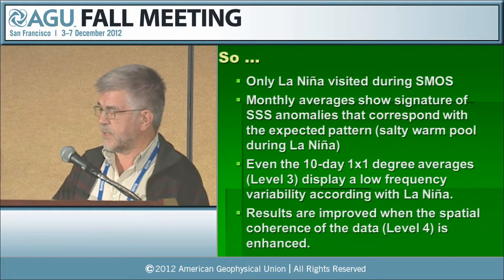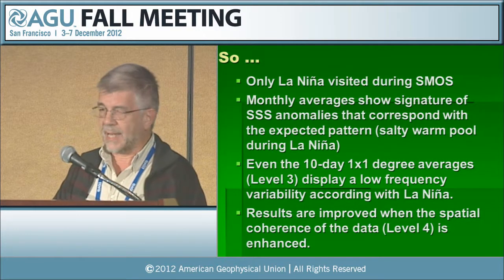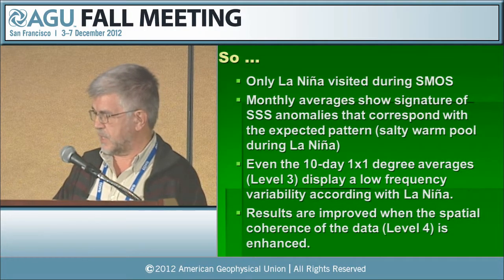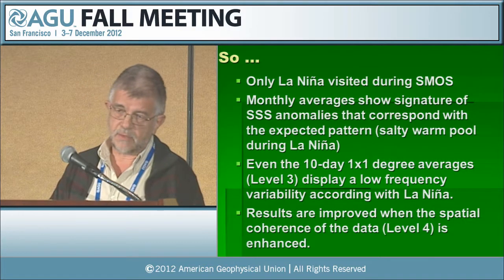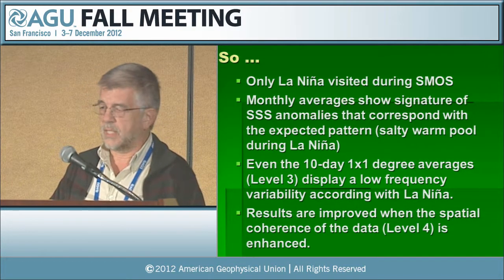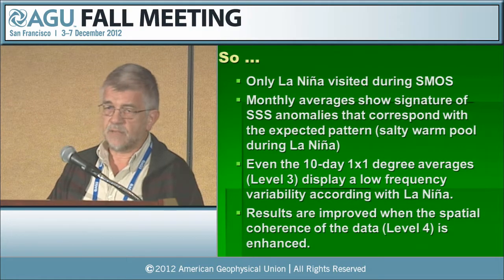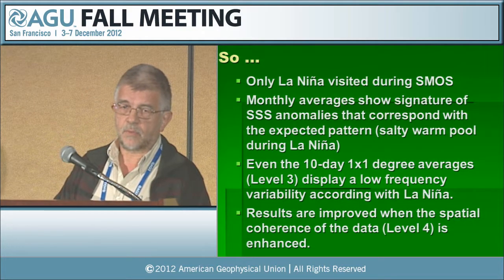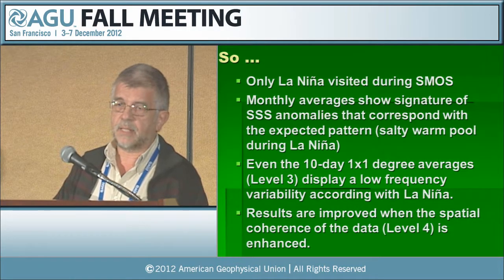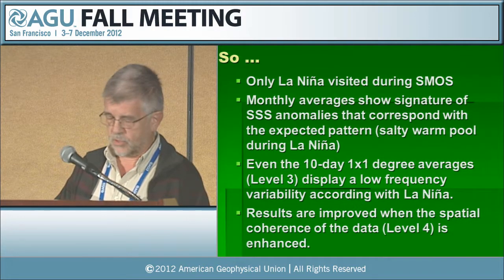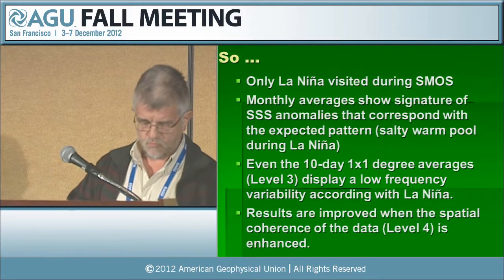Then even with the level 3, we can observe this kind of oscillations quite consistently, and for sure the results are improved when we use the level 4 data. In any case, if you are interested in this kind of level 4 products, I repeat that tomorrow there will be a poster explaining this methodology. Thank you very much.